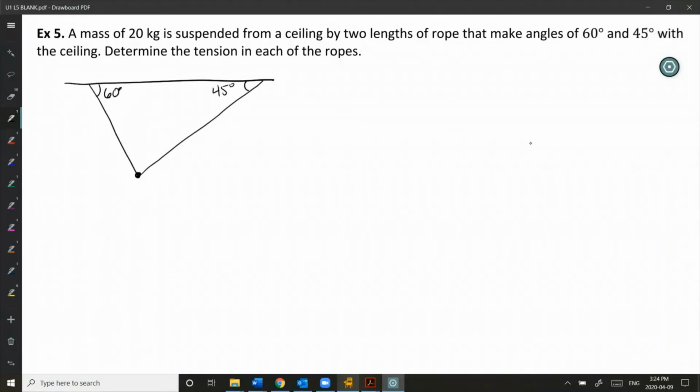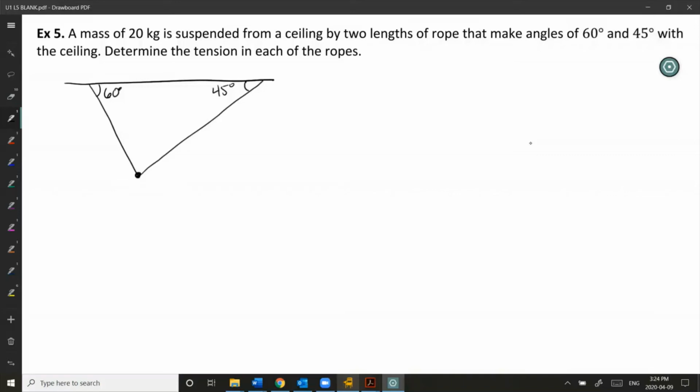And you're going to notice here that I've drawn the rope that makes an angle of 60 degrees with the ceiling a little bit shorter than the one with the 45 degree. That should make sense because if I have a rope making 60, of course that angle needs to be larger there, and the mass is going to hang closer to that shorter rope.